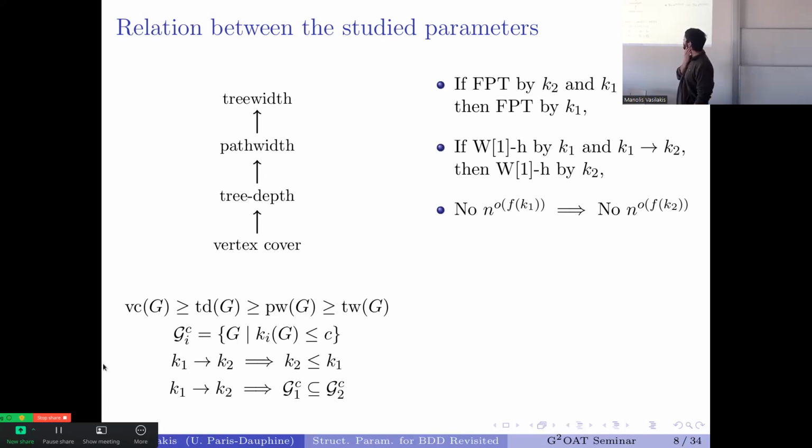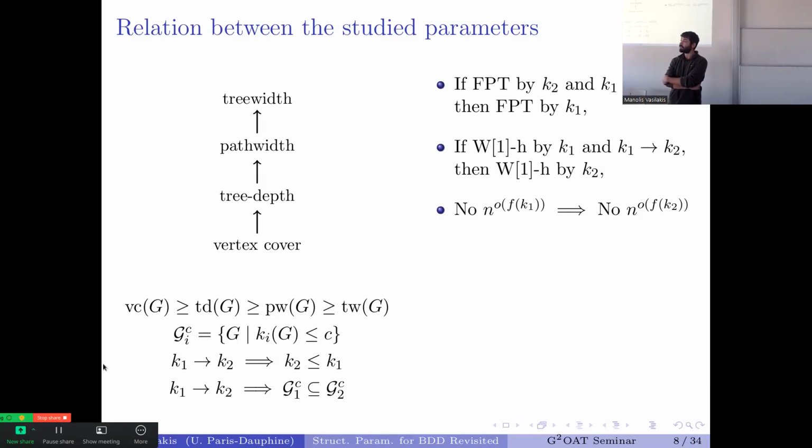The interesting thing and the main motivation is that if you consider the set of graphs that have vertex cover at most C for some constant, and the set of graphs that have tree depth at most C for the same constant, then the first is a subset of the latter, right?